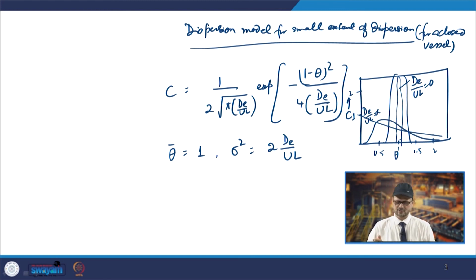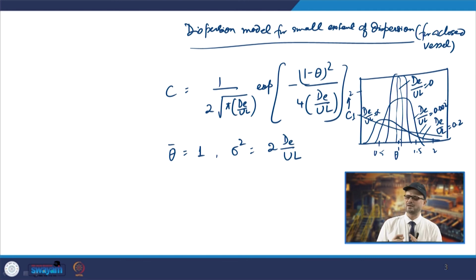So, if you see here, this curve corresponds to d by ul equal to 0.2. And if you look at another curve, you may go like this. So, this will be d by ul of 0.002 or so. So, like that you will have the variation in the family of these curves, as you go towards smaller and smaller d by ul values.